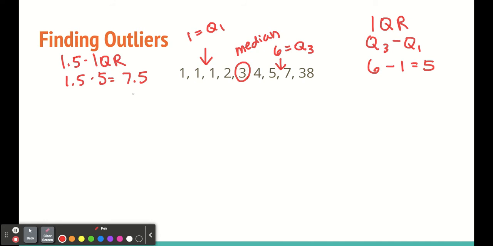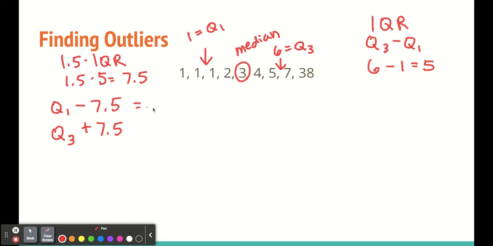We stretch out that interquartile range by a reasonable amount, and we say anything outside those bounds is an outlier. So we take our lower end of that range and stretch it, and we take the upper end of that range and stretch it. That new range tells me the limits of my data, what numbers are considered outliers.